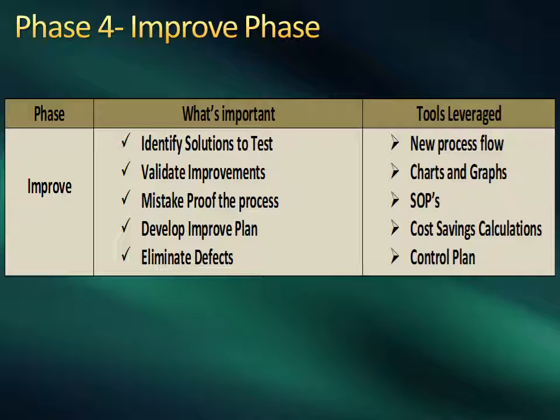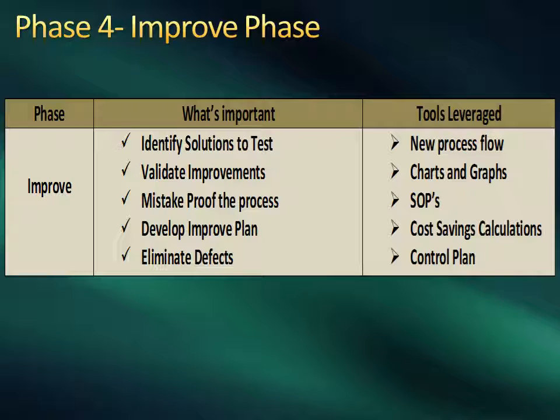So what's important in this phase? You need to identify the solutions to test, validate the improvements, mistake-proof the process, develop an improved plan, and then eliminate the defects. As I said, this is where everything or the new steps within the process get defined and implemented.